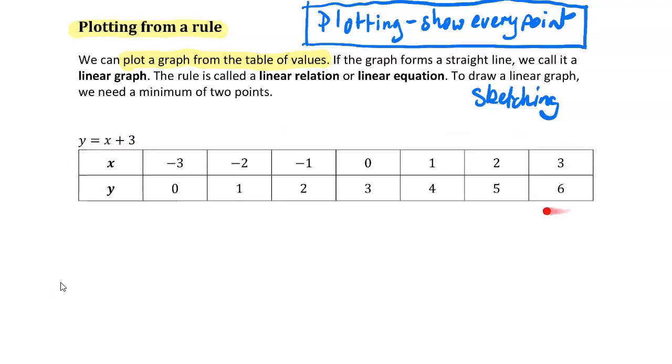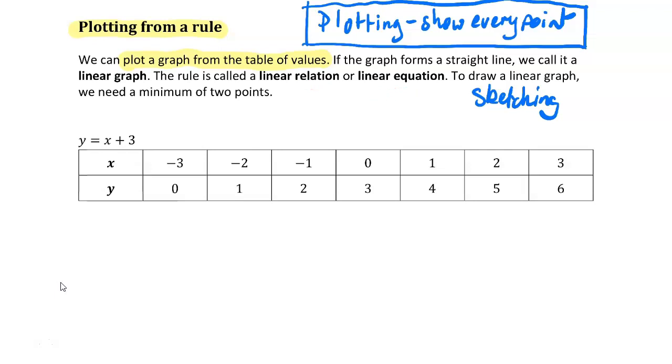So you start with a table of values, and then you plot on the Cartesian plane, and then you link those up with a line. So if the graph forms a straight line, we call it a linear graph. And so then that rule is called a linear equation or a linear relation.